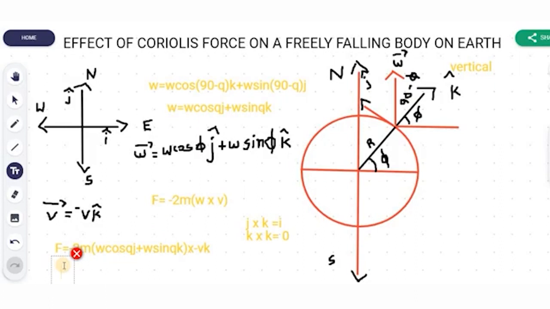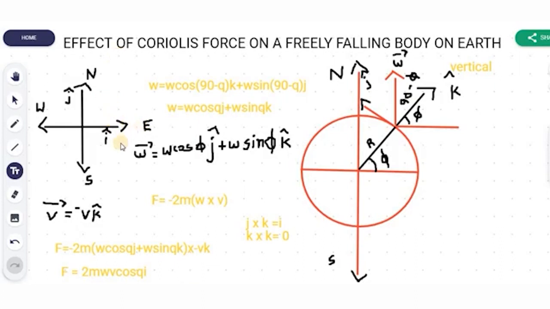So the force is equal to 2m omega V cos phi i cap. This is the expression. It shows that only the horizontal component of the Coriolis force affects the motion, and this acts in which direction? i is towards the east direction.